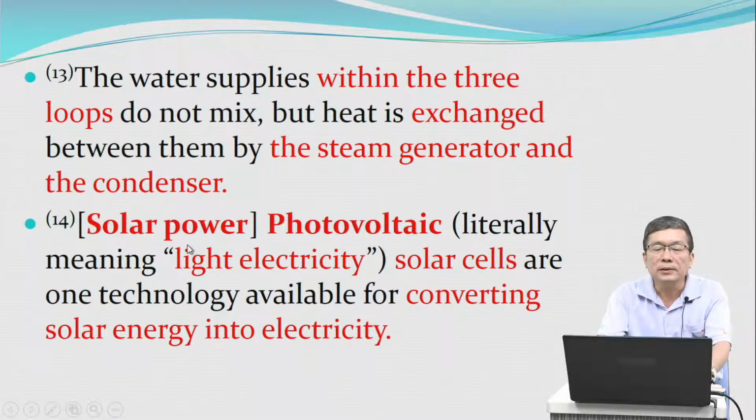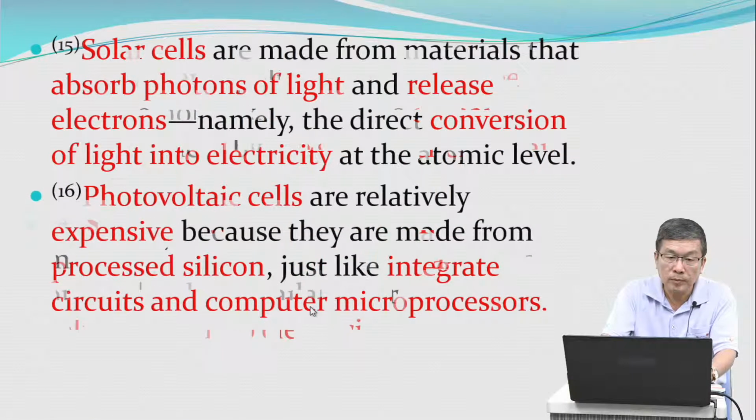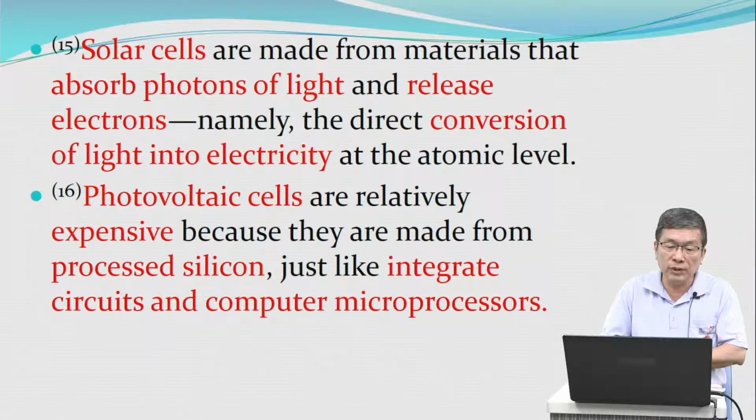Solar power. The word photovoltaic literally means light electricity. Solar cells are one technology available for converting solar energy into electricity. Solar cells are made from materials that absorb photons of light and release electrons, namely the direct conversion of light into electricity.